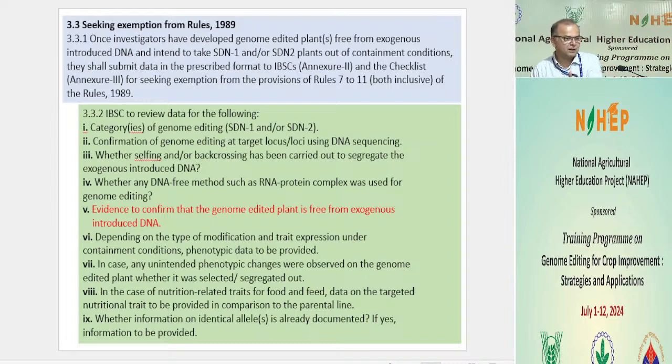So that is the advantage. If that natural variant is already occurring, but you have done it through CRISPR-Cas, that also has to be mentioned, and that becomes very advantageous, it supports your case. That is already there, I have just created the similar mutation in this leading variety. So that is the whether information on identical allele is already documented. If yes, please give the information.